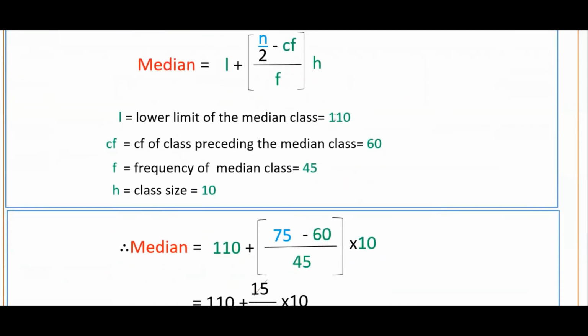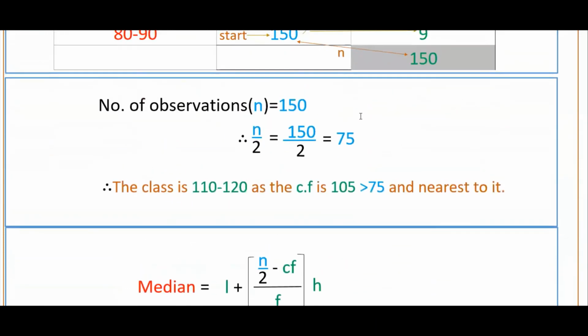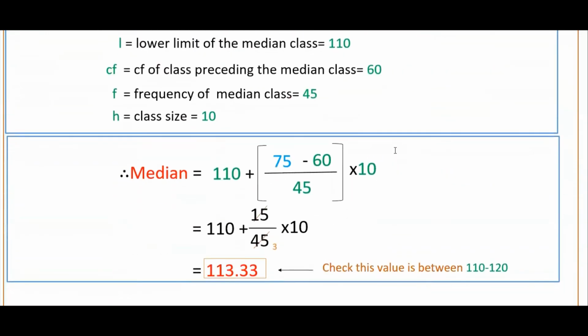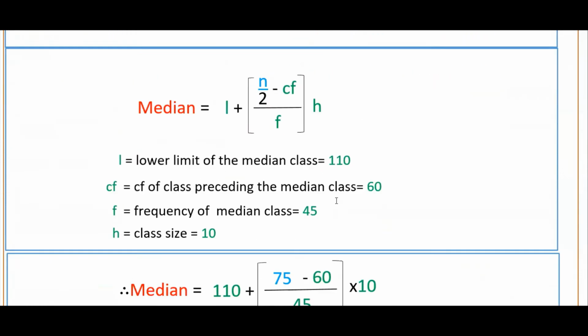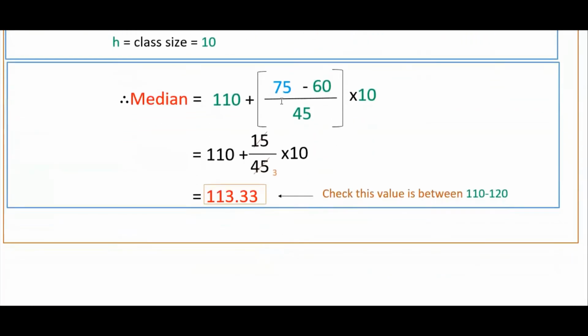Once you take the values, you have to substitute in this median formula. I have already told all these values, how you get these values. So now substitute all these values, and the class interval width is 10, since 120 minus 110 is 10. Substitute these values, then you will get 113.33. This is the median value. You can check this value should be between 110 and 120, the class interval we have taken.